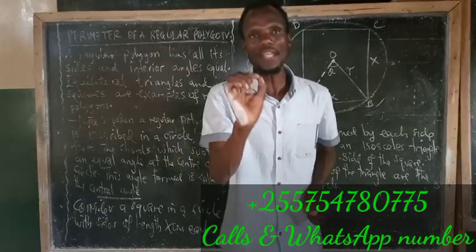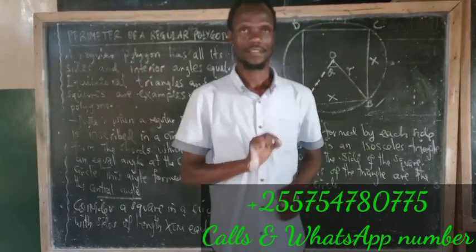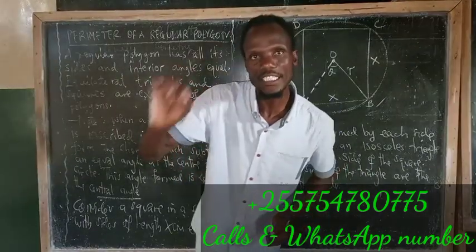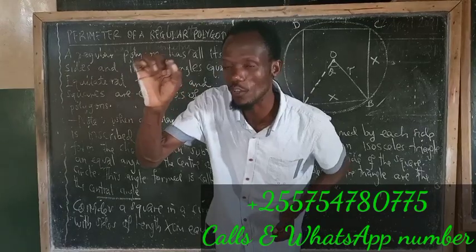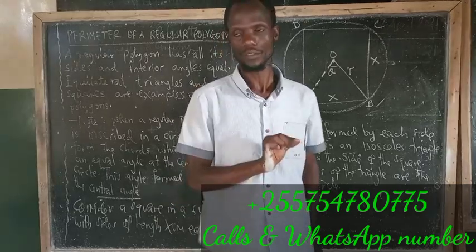So the reason why it is called a regular polygon is that all of its sides and all of its interior angles are equal. That is the definition of the regular polygon.